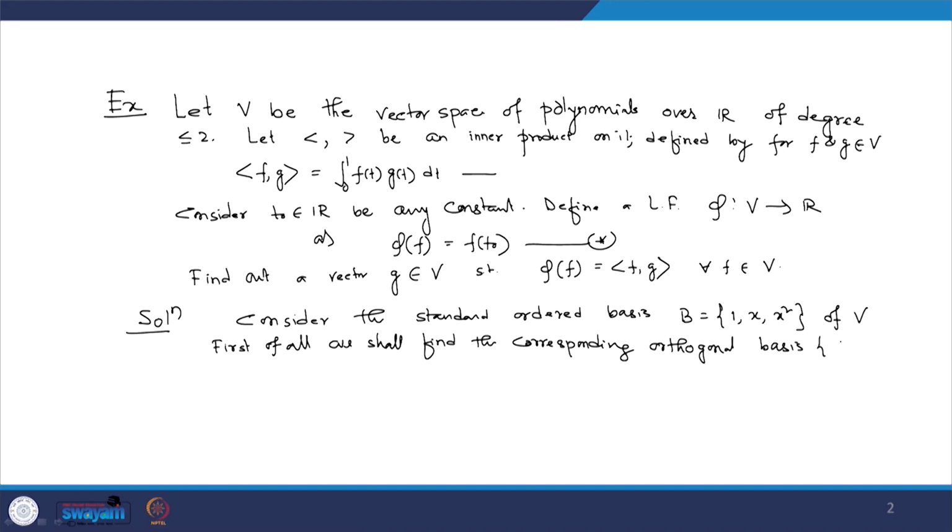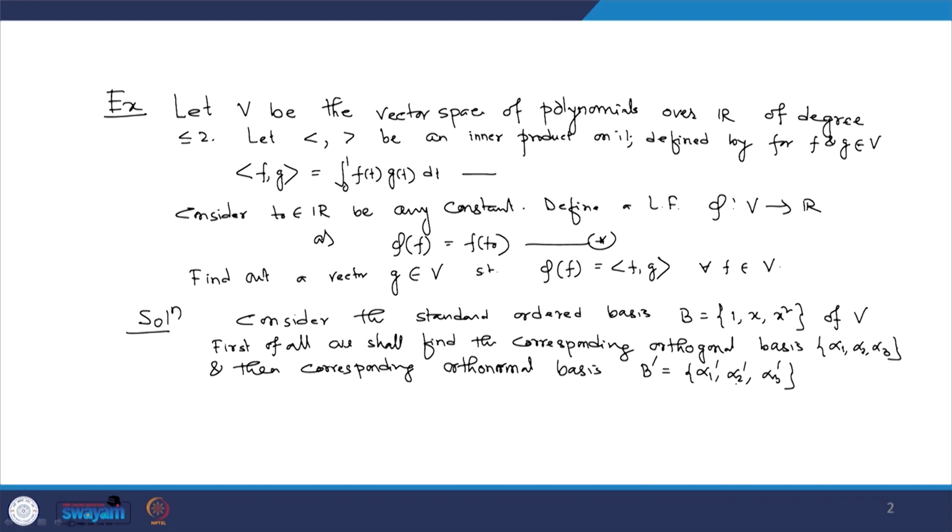And then the corresponding orthonormal basis, say B prime equal to alpha 1 prime, alpha 2 prime, alpha 3 prime.